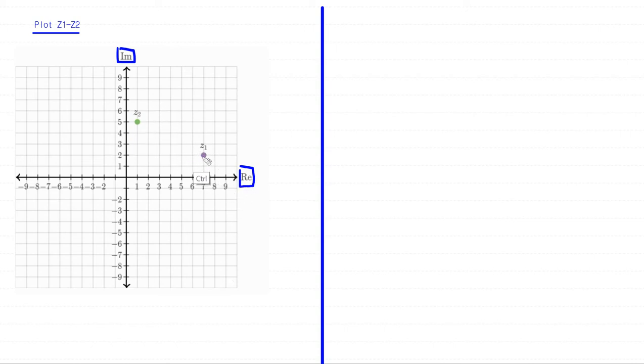If you look at z1 right over here, I'll write z1 first because we need to know it. The coordinate is the x value, the real part, 7, comma, the imaginary part right over here, which is 2.